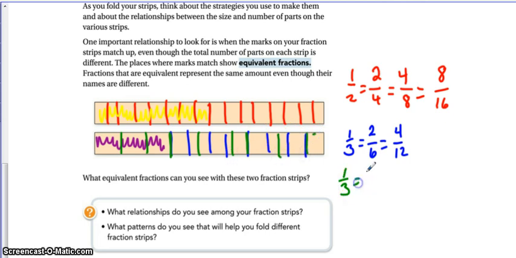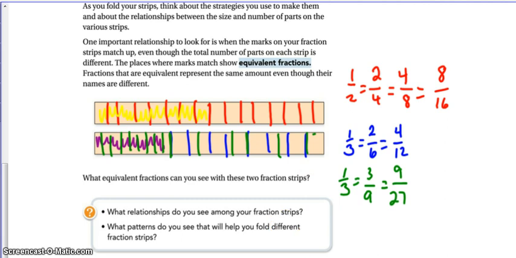Okay, so if we cut each third into 3, we would now get 3/9, and if I cut each one of those thirds into thirds, now I have 1, 2, 3, 4, 5, 6, 7, 8, 9. And I would have a total, because 3 times 3 would equal 9, so the relationship here is that I'd also multiply the 9 by 3, and I would have 9/27 in my whole strip.